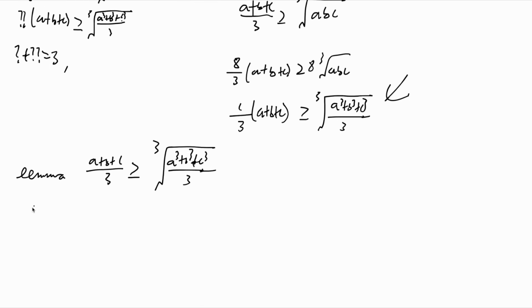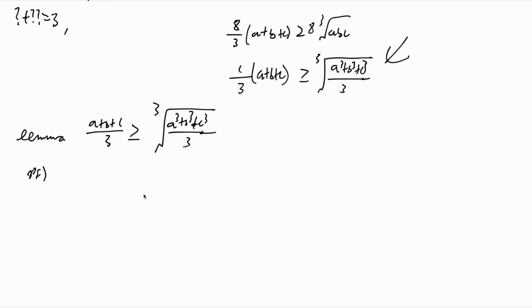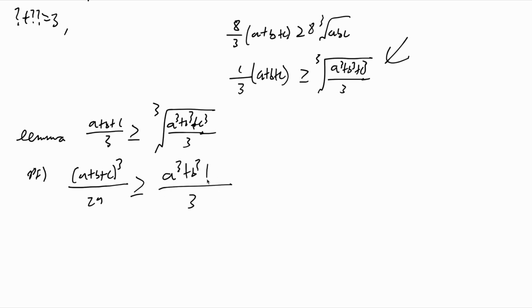The proof that I had was I wanted to use reverse mathematics, so we somehow prove it backwards. Because we know that a, b, c are positive real numbers, let's cube on both sides. So we know that a plus b plus c cubed is greater than or equal to 3 times a cubed plus b cubed plus c cubed.